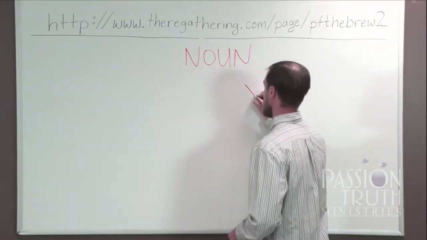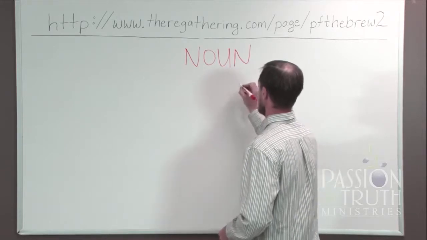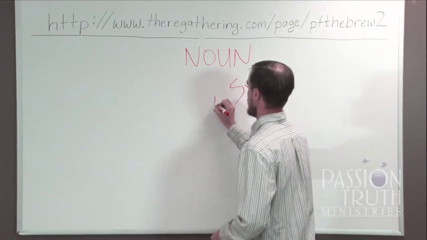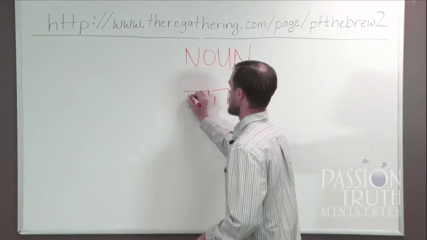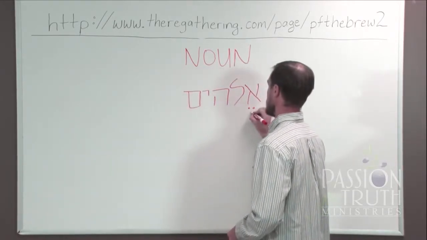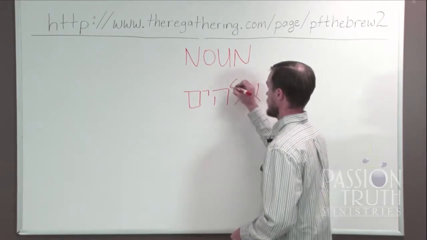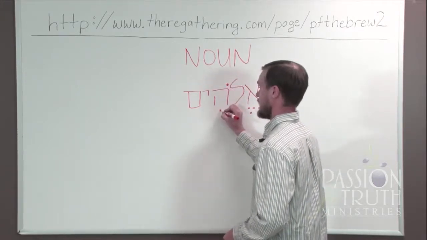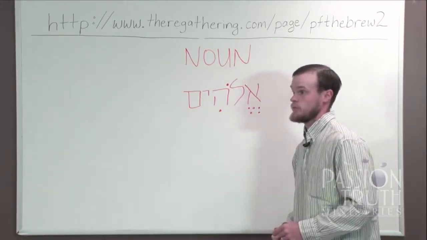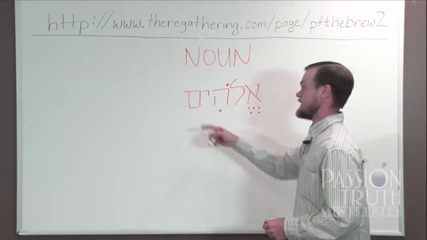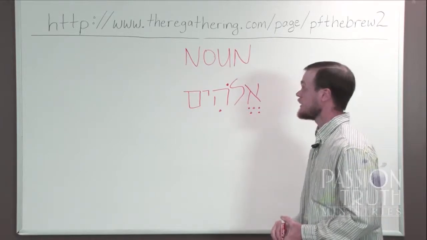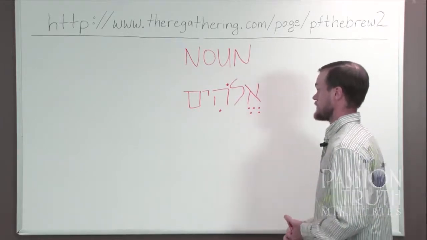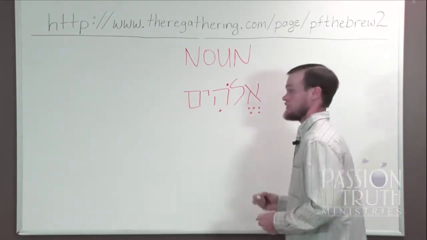For example, the word Elohim, which means God, is a word that actually can be singular or plural, depending on the context in which it is used. Notice it has the eem ending, which seems to indicate a plural masculine noun. And sometimes it does. Sometimes it does mean gods.